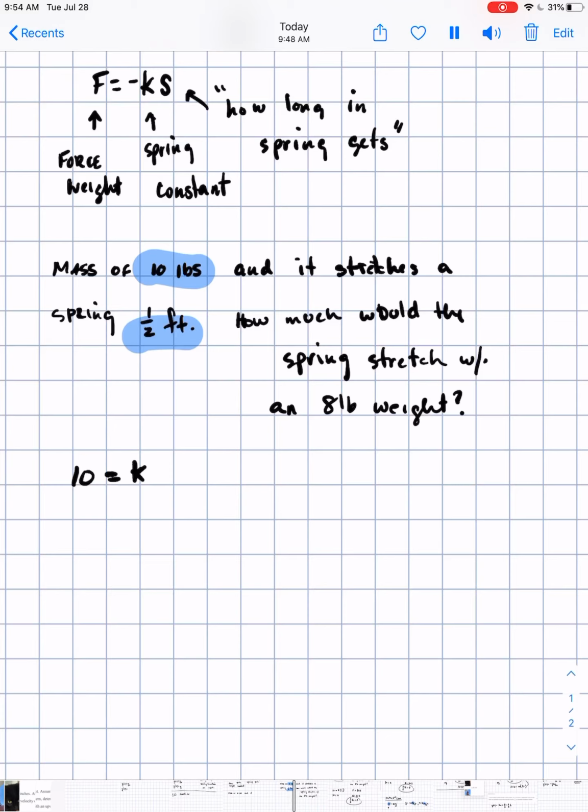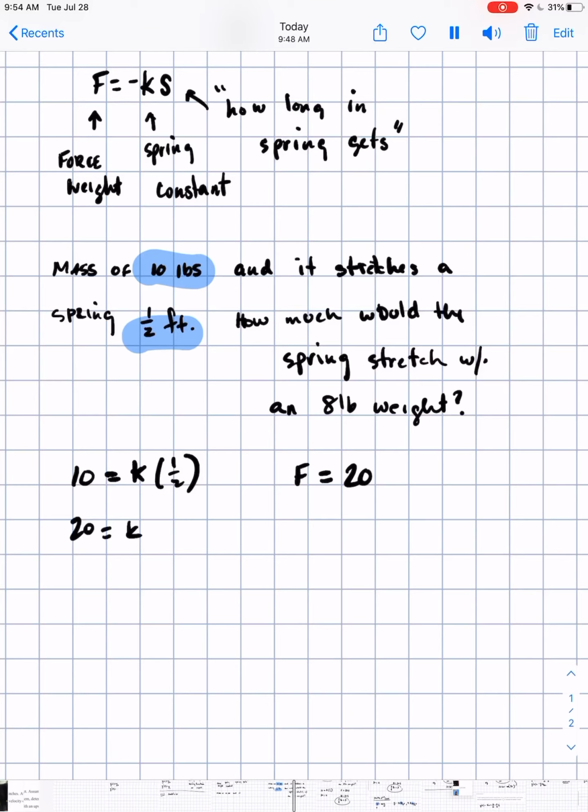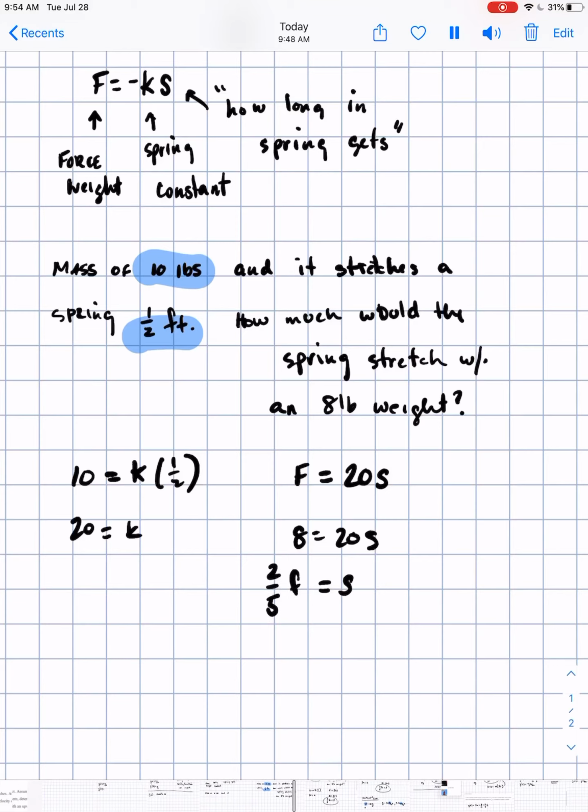So in this case, it stretches it a half a foot, right? And now if you solve, our constant would be 20. So you would get a function that looked like force equals 20 s, and then we could plug in 8 for the force and solve for how long it would stretch. And in this case, it would be 2/5 of a foot.